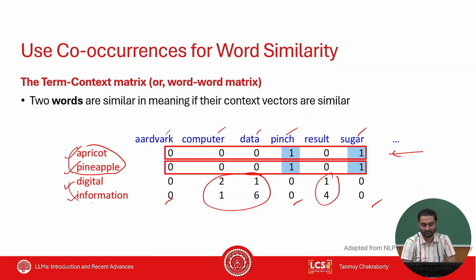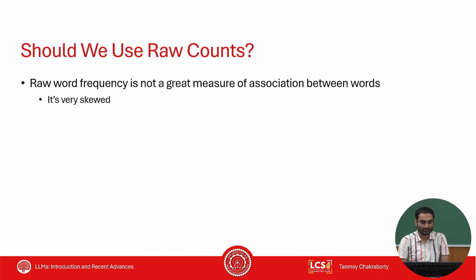A sparse matrix. The fourth problem is that we see stop words, frequently appearing words, particles, prepositions, right? Their corresponding entries will be very, very high, obviously. So we need some sort of normalization after this, right?